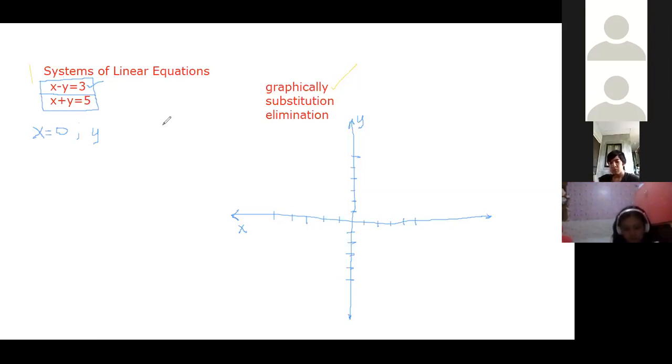If x is 0, substitute 0 for x, 0 minus y is equal to 3. Always 0, sir? Yes, always 0. Okay, because that's our equation now. Pinalitan ko lang si x ng 0.